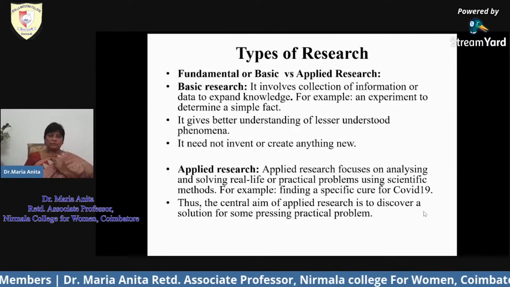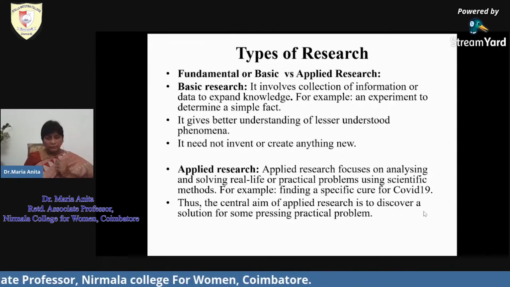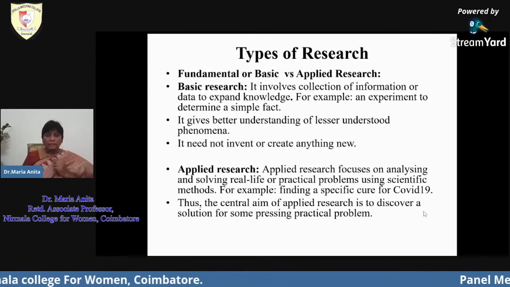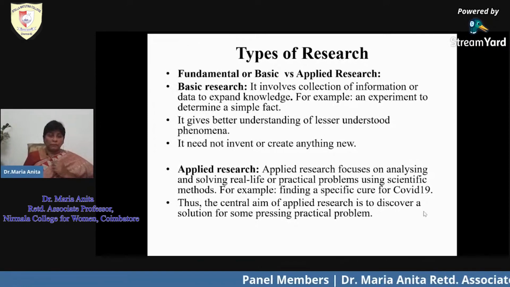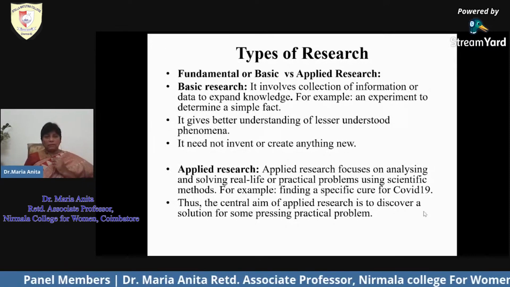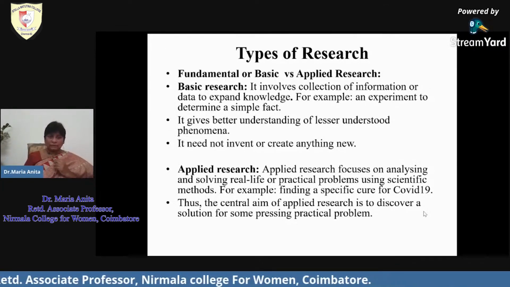You also have many types of research. When we talk about research, the difference between each is so fine, and most of them are so intertwined one with the other. So you have the two main types of research, which we call basic research and applied research. Basic research is almost like inductive research.